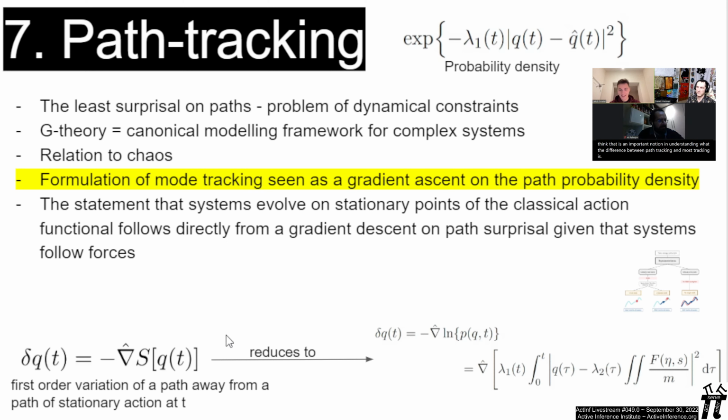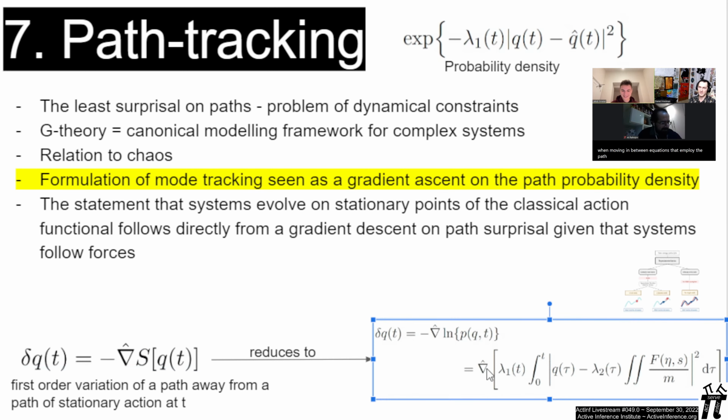And also, maybe as a slight mathematical joke, the usage of the word "reduces to" when moving in between equations that employ the path tracking formalism can also be a bit uncertain on the first read.